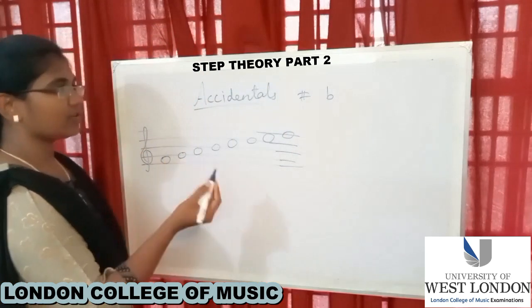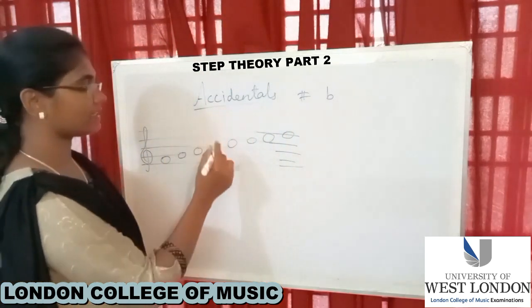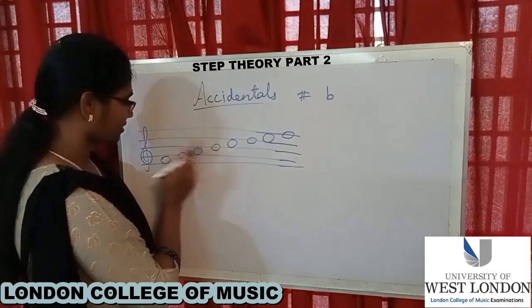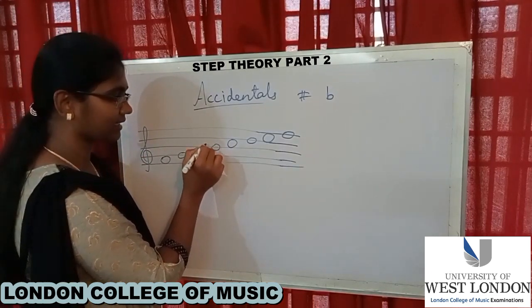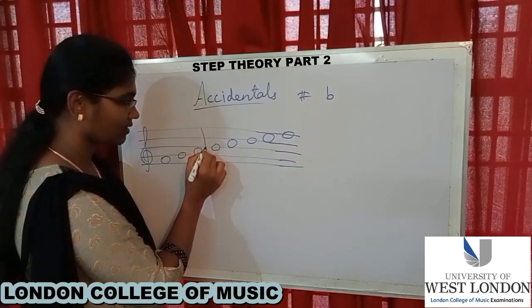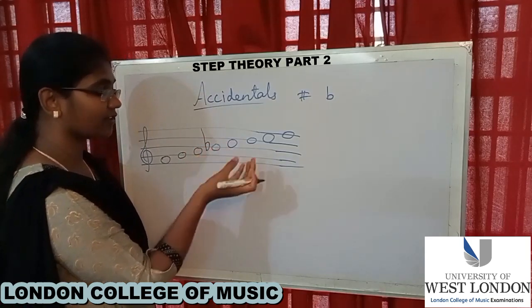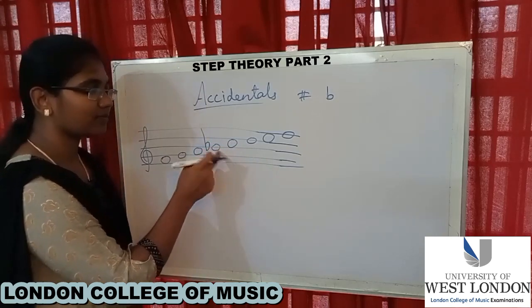To denote the accidental, we can use this flat not at the beginning of the line, but we have to place it near that letter B. We are drawing the flat sign right before the note B. So this is B flat.